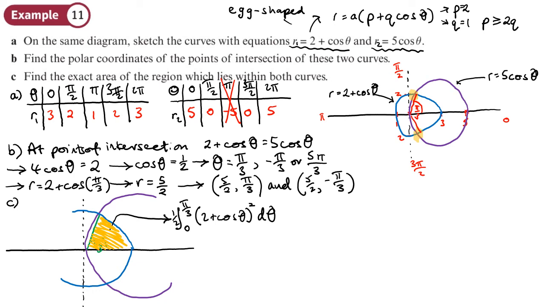I also need to add on the area of this part here. Now how do I go about finding the area of that part? Well, that red part there is actually the part of the purple curve that starts at pi over 3 and goes right to the pi over 2 line.